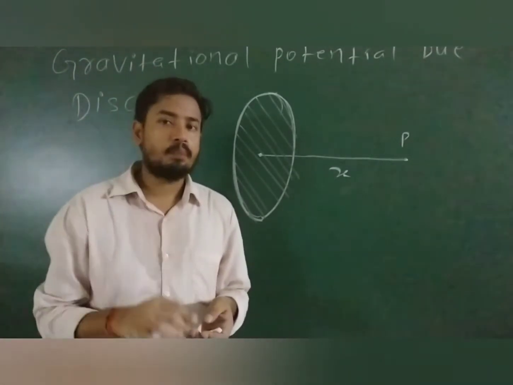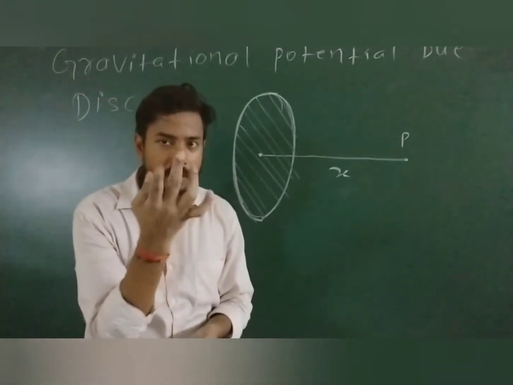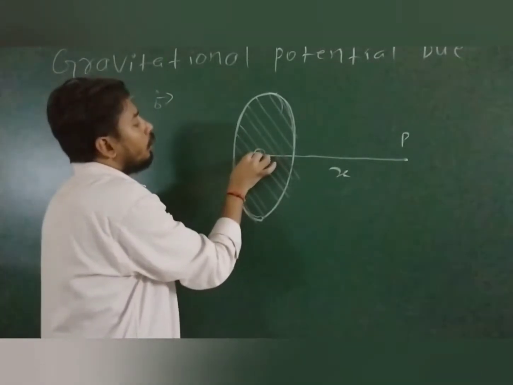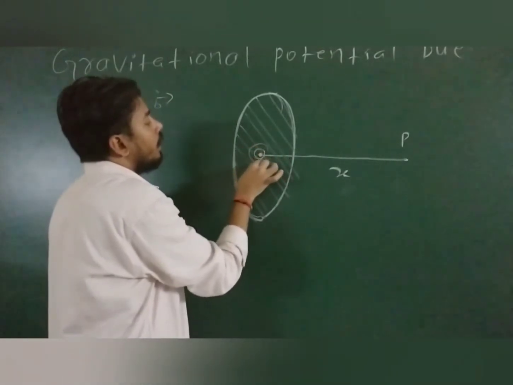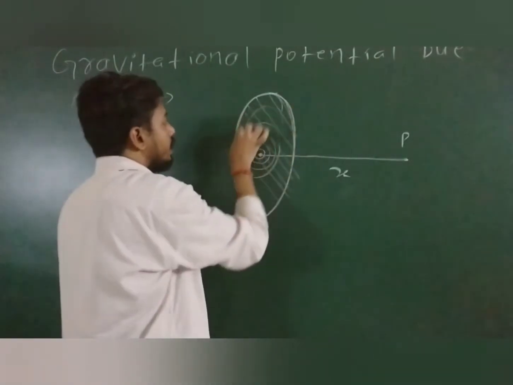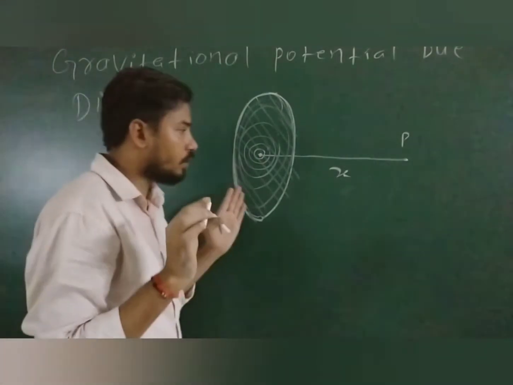Take a slice of onion and knock at the center, then you will find that a lot of rings of very small radius start coming out. Just try to understand what I want to say.